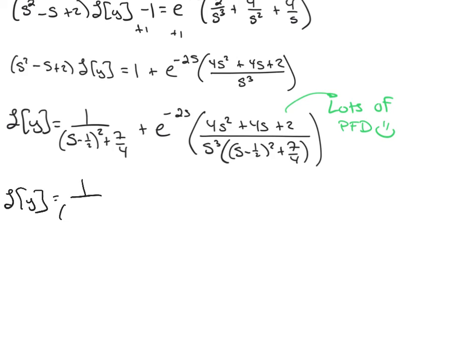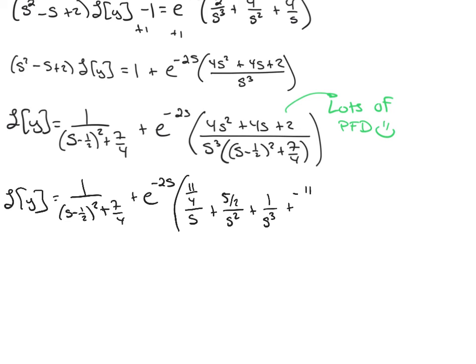The first part stays 1 over s minus 1/2 squared plus 7/4, plus e to the negative 2s times, okay, here we go, 11/4 over s plus 5/2 over s squared plus 1 over s cubed plus negative 11/4 s plus 1/4 over s minus 1/2 squared plus 7/4.